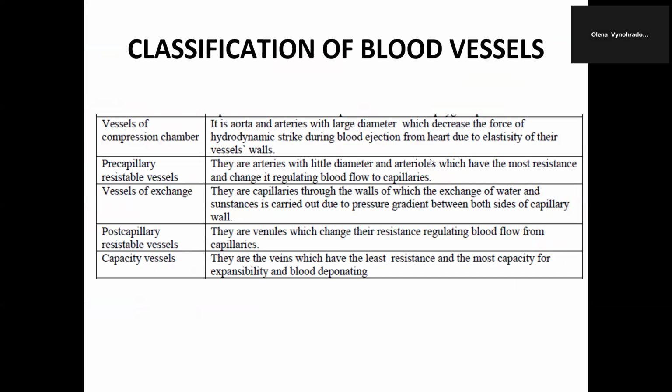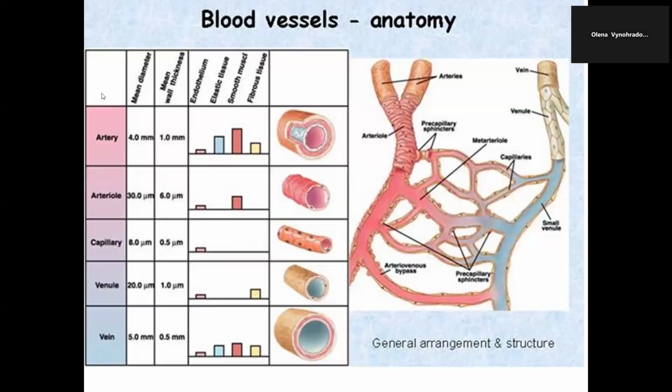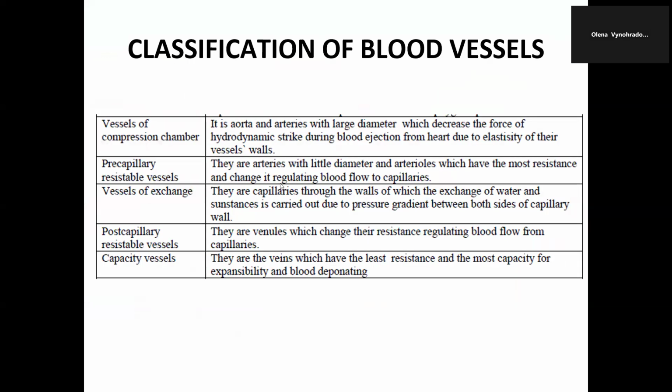We have a classification of blood vessels. As I told you, artery, arterioles, capillaries, this is the anatomical classification. If we are talking about functional classification, we should say otherwise. Vessels of the compression chamber, with the aorta and arteries with large diameter.